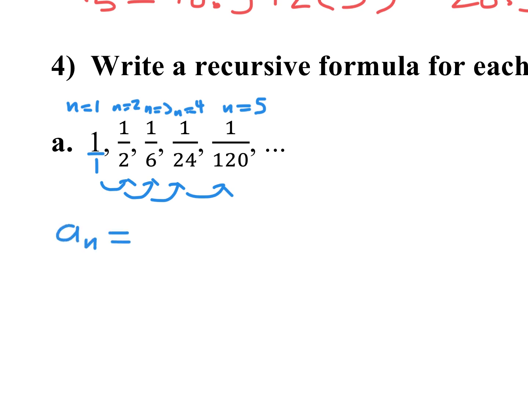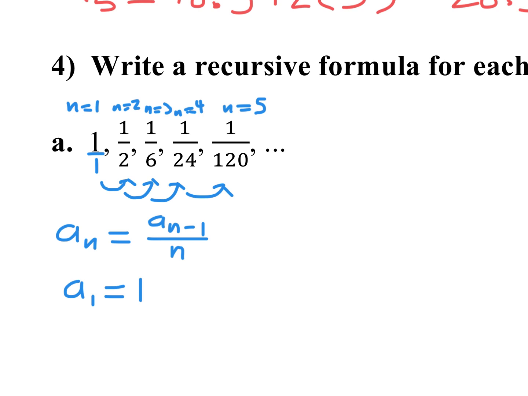I'll do the first 2 steps. If we know that A1 is 1, what do we do to our A1? We take the term before it, and it seems like we just divide it by n. So for A2, we took A1 and divided it by 2.